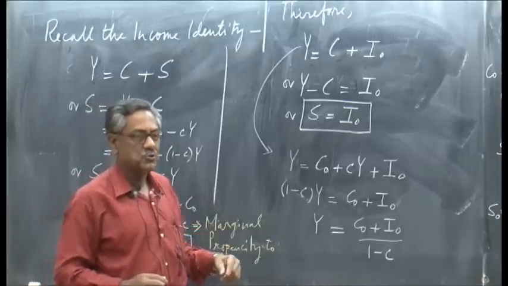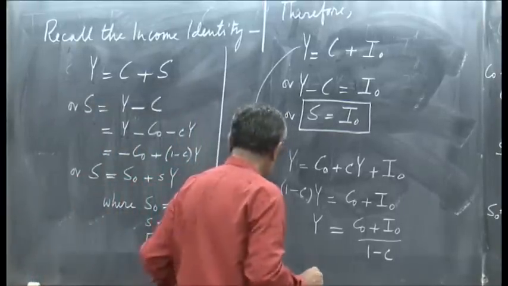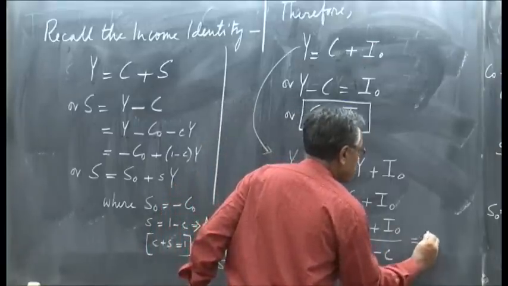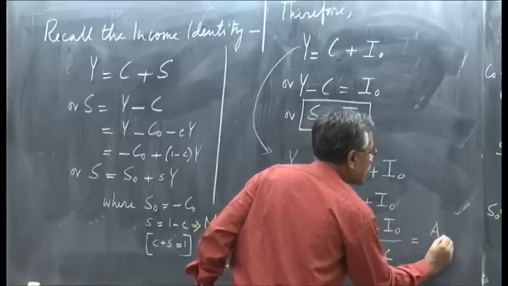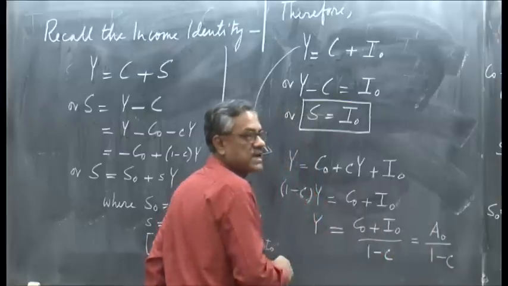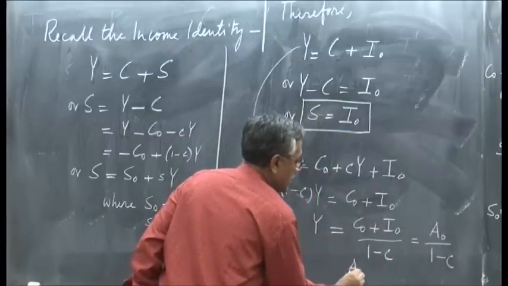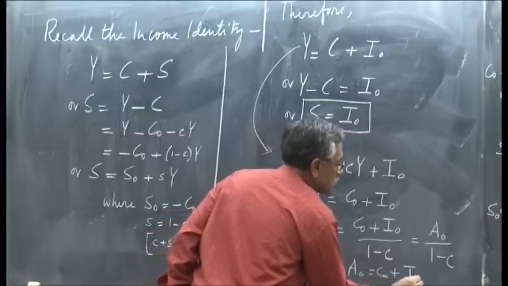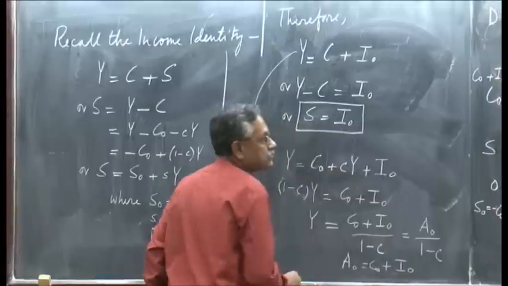This leads to another very interesting relationship. Let's call this A naught over 1 minus c, where A naught is equal to the autonomous components, C naught plus I naught.